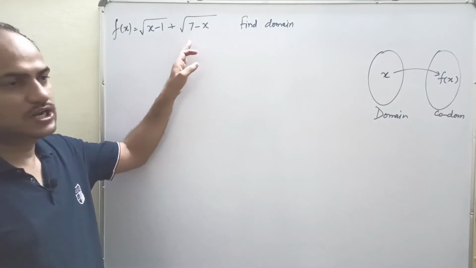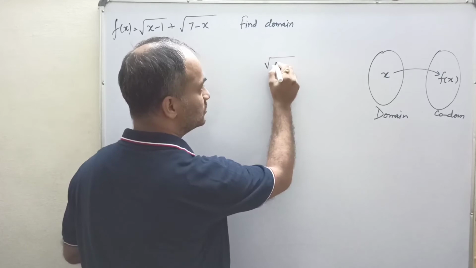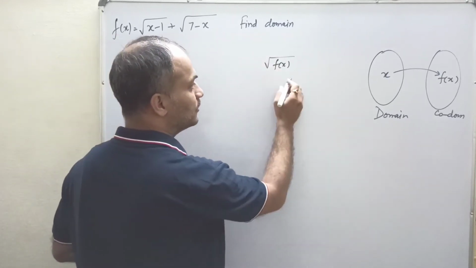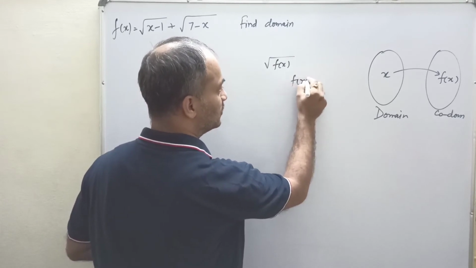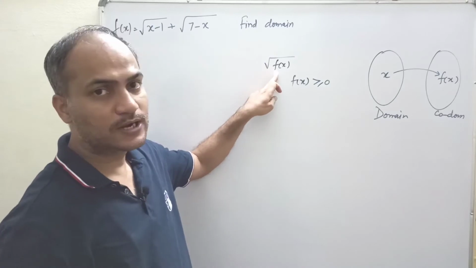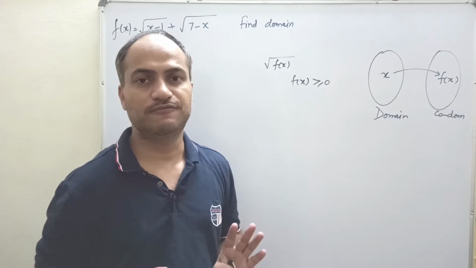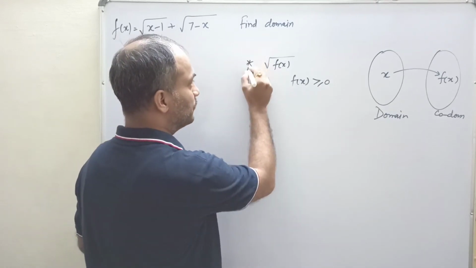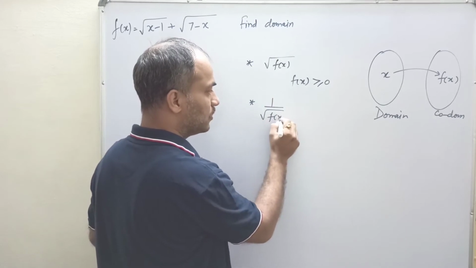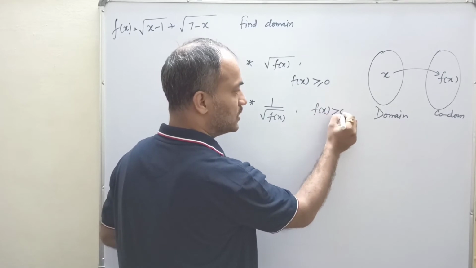This is one question, and here we have to find only the domain. So we know clearly whenever any root function is there, any value inside the root will be defined whenever this f(x) is greater than or equal to 0. If this value is there in the numerator, then this value has to be greater than or equal to 0, then only it will be defined. Tip number 1. Second tip, whenever this value is there in the denominator, then this has to be greater than 0.